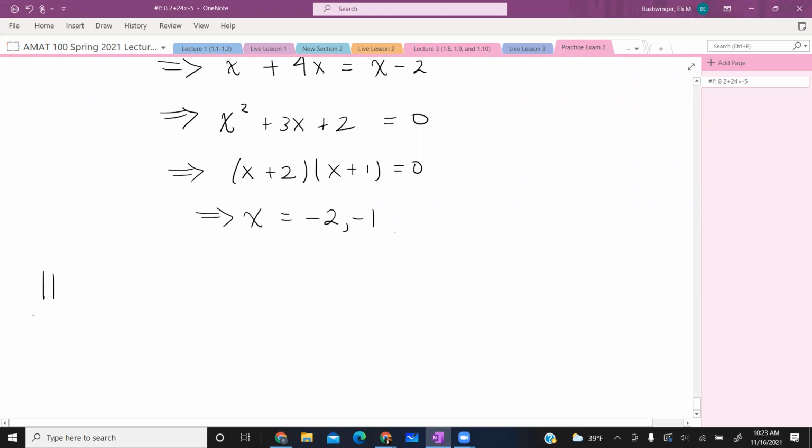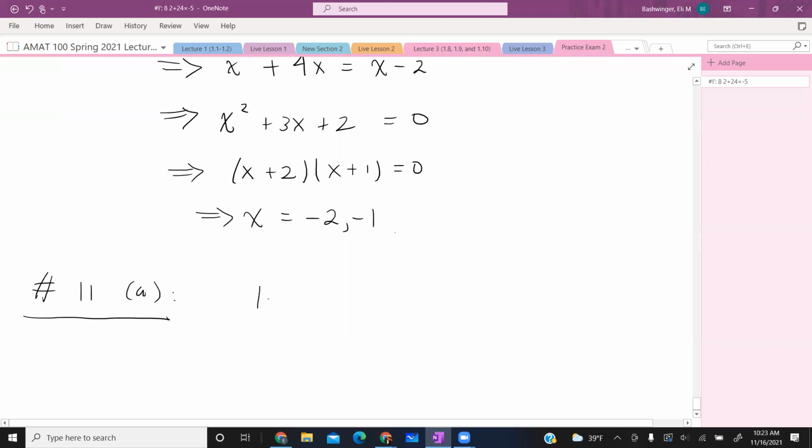Now we can move on to problem 11. We already did part B, so we'll just do part A. For this, we want to solve the following equation.